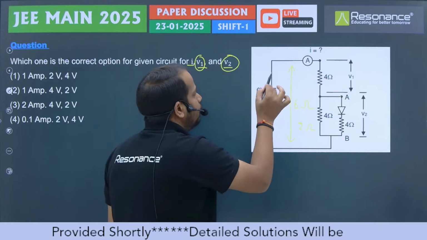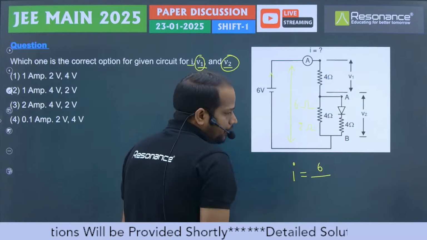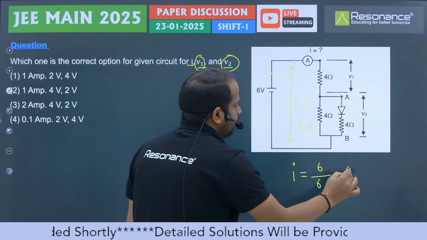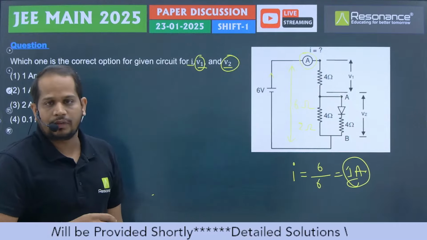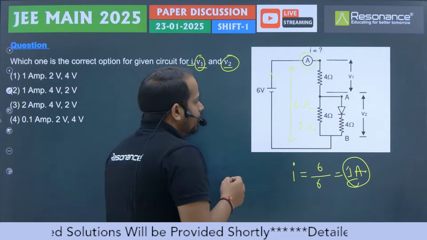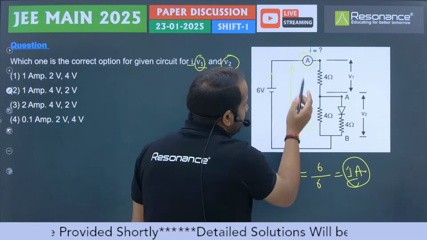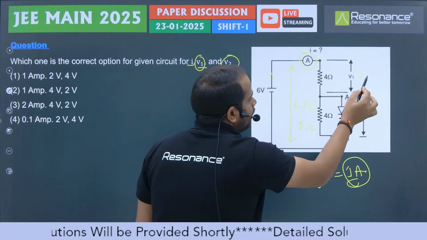So what is the value of current we have? Voltage is 6, and what is the total resistance for this one? 6. So the value of current is 1 ampere. So the reading of this ammeter is what? The reading of this ammeter is 1 ampere, right? Okay. Now let's move ahead. They are saying V1. This is V1, right? So if 1 ampere is passing over here, V is equal to IR. I is what?